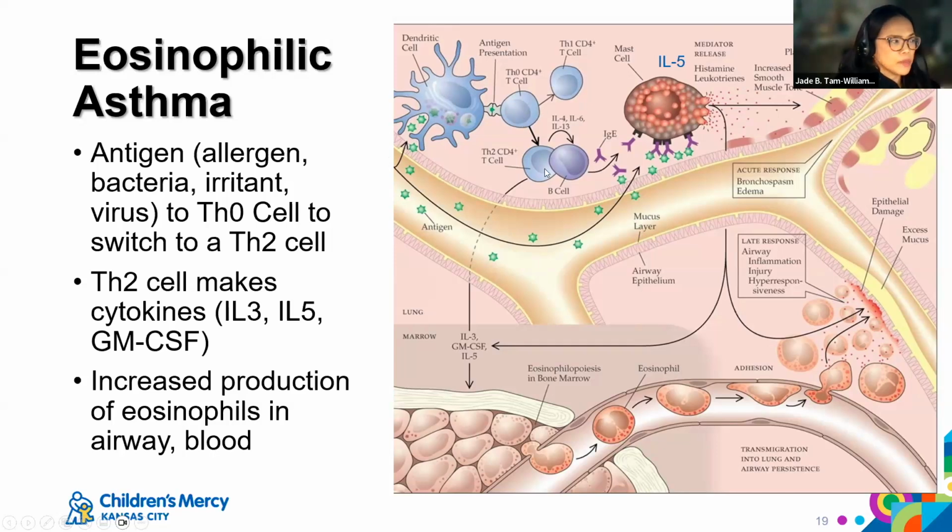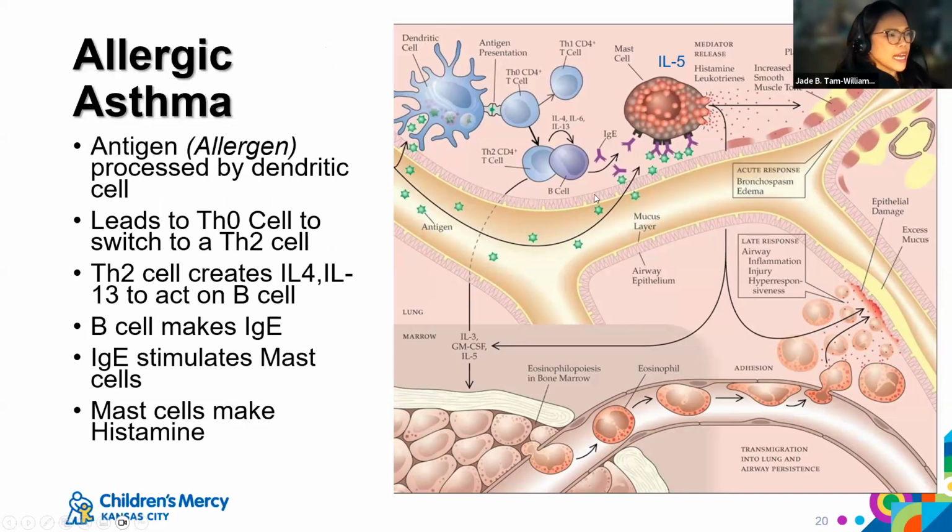This one here is a type 2 cell. It makes all these cytokines that activate that type 2 inflammatory cascade, which leads to the bone marrow making more eosinophils in the blood. And those eosinophils travel throughout the blood and go towards the lung and cause problems in the lung.